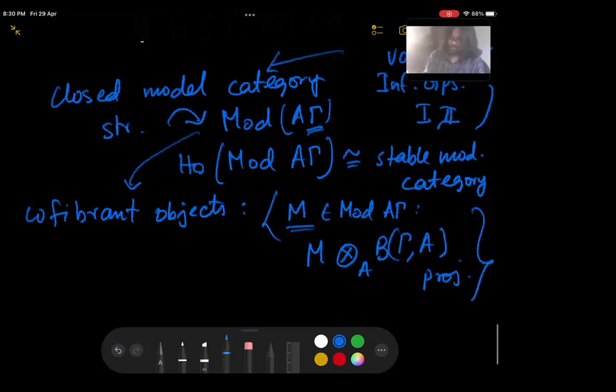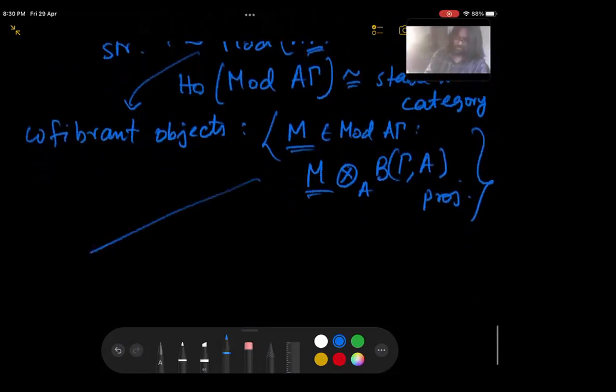So this is a definition now. A module M such that M tensor B gamma is projective is called cofibrant, but since I'm not dealing with model categories in my talk or in my work, I call them Benson's cofibrants.